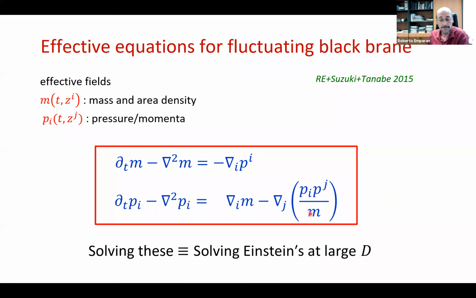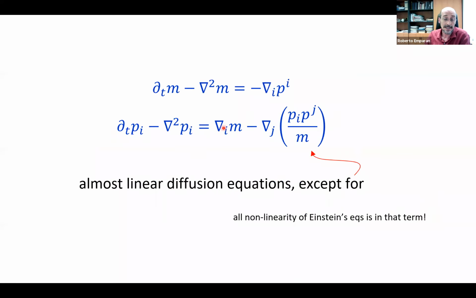So let's have a look at these equations. I've written them in a way that I'm sure reminded you of diffusion equations. If we didn't have these right-hand sides, these would be diffusion equations. They would describe diffusion of mass fluctuations and of momentum fluctuations, but they are not exactly diffusion equations. There are also some gradient terms here, which would still give us linear equations.